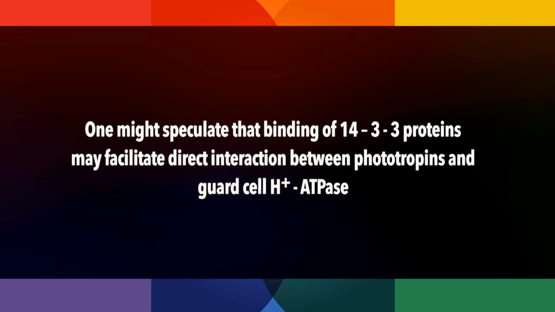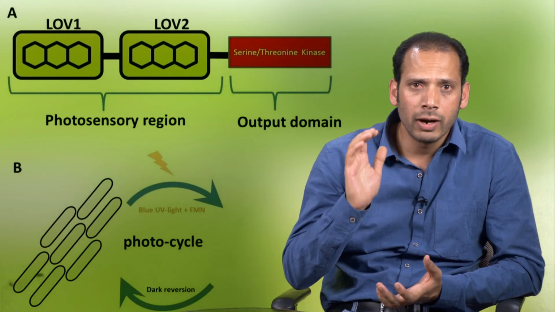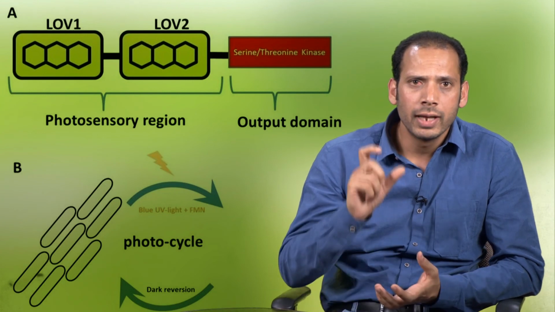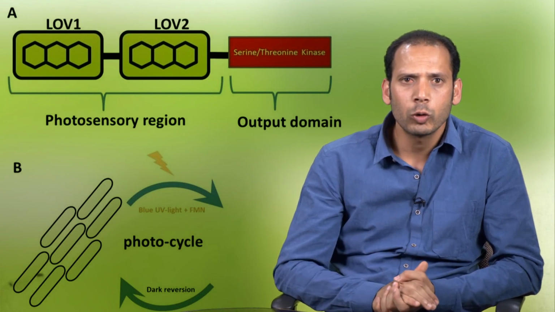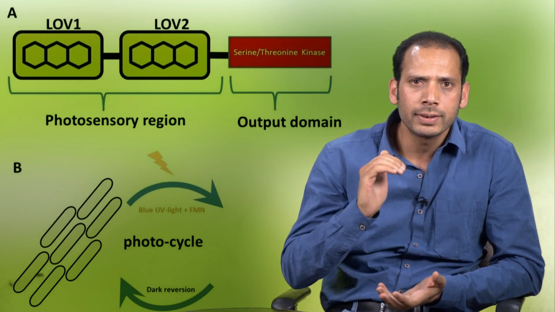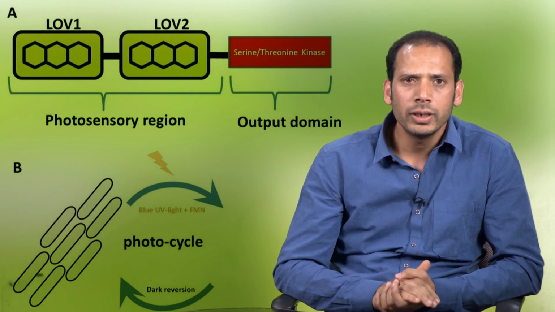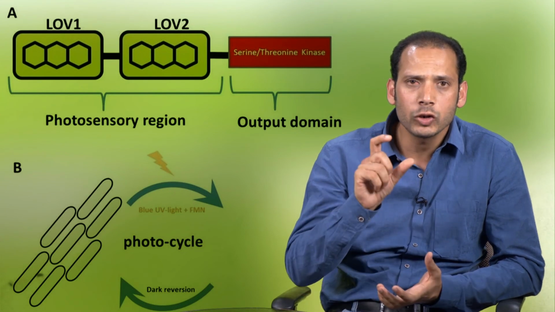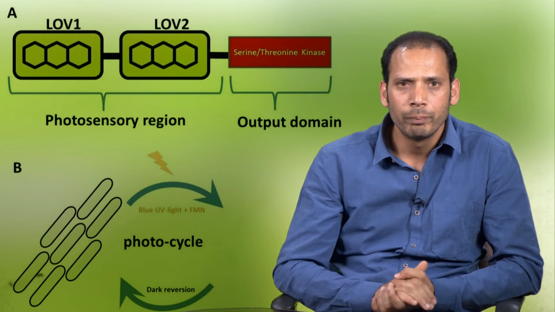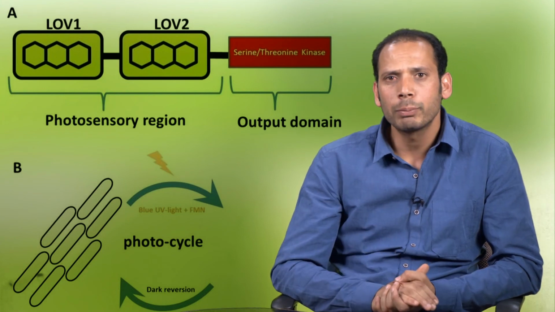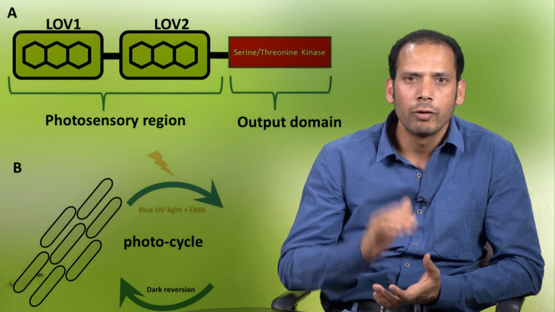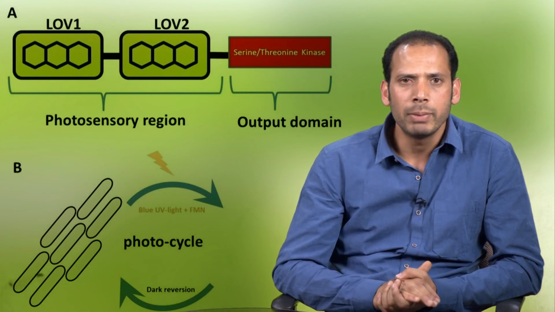One might speculate that the binding of 14-3-3 protein may facilitate direct interaction between phototropins and the guard cell proton ATPase pump. Yet, the fungal toxin fusicoccin has been shown to induce phosphorylation of proton ATPase and subsequent 14-3-3 binding in the absence of PHOT1 and PHOT2, implying that some other protein kinase is responsible for phosphorylation of the proton ATPase.